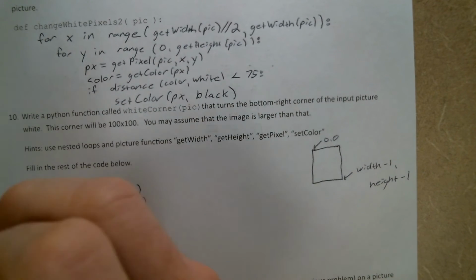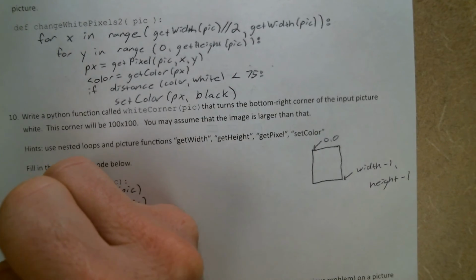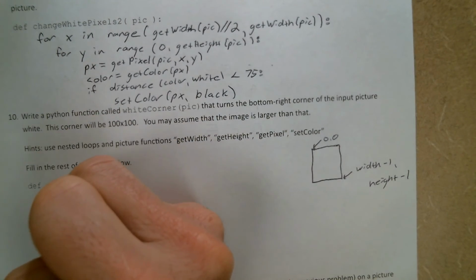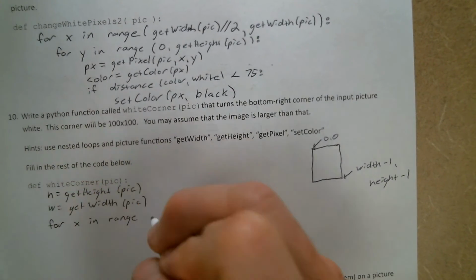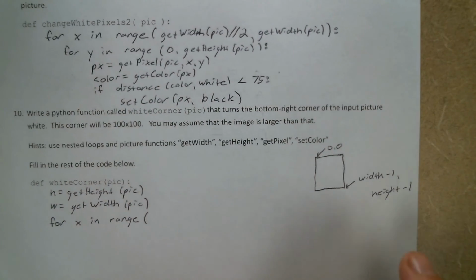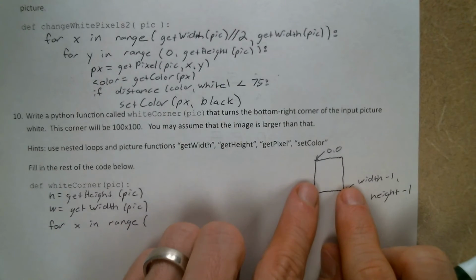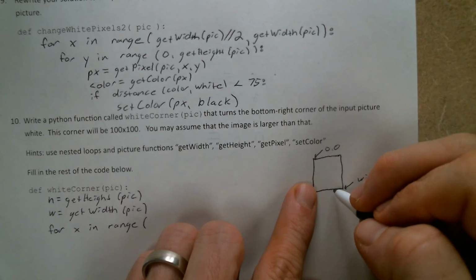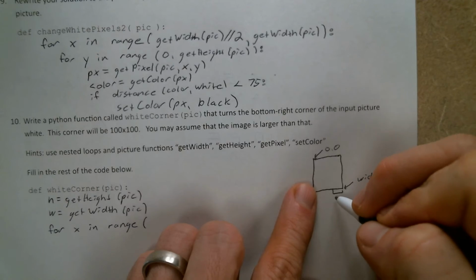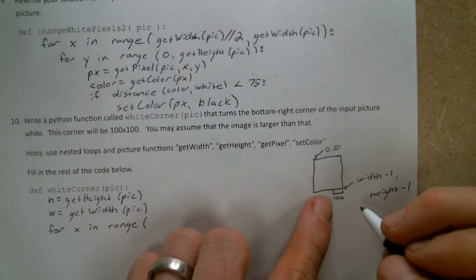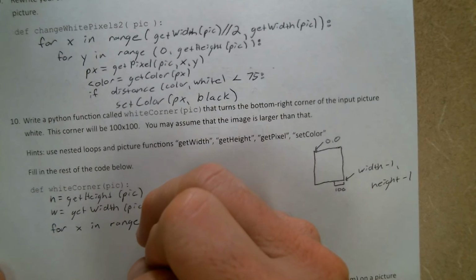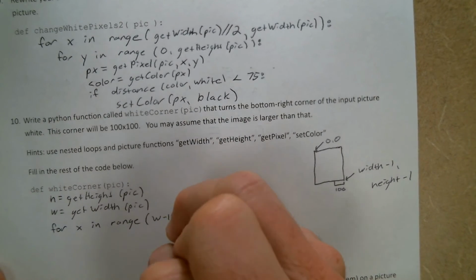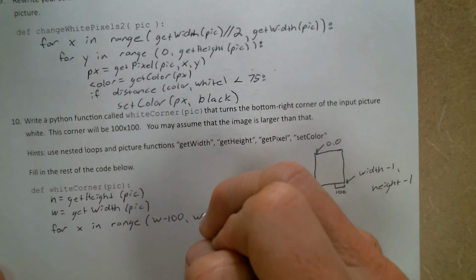So our loops are going to be for x in range, and then my range is going to be the width minus 100 because I only want to go back and make the box 100 by 100. So I'm going to say w minus 100 comma w.